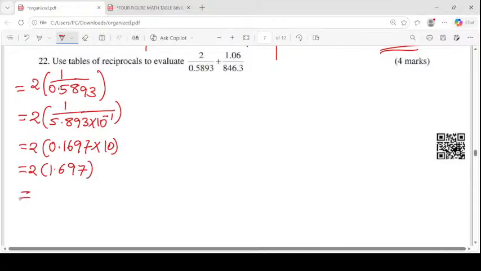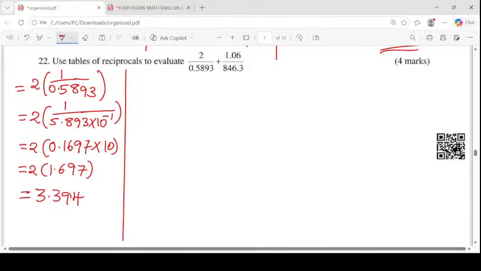Here now you'll be free even to multiply using your calculator. When you multiply the 2 by 1.697, you get 3.394. We've gotten the answer for the first part of our fraction.